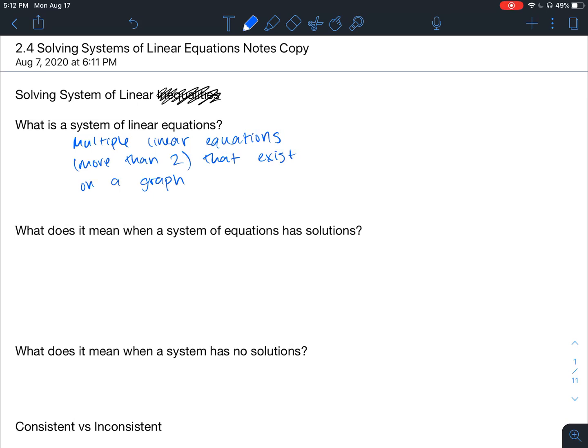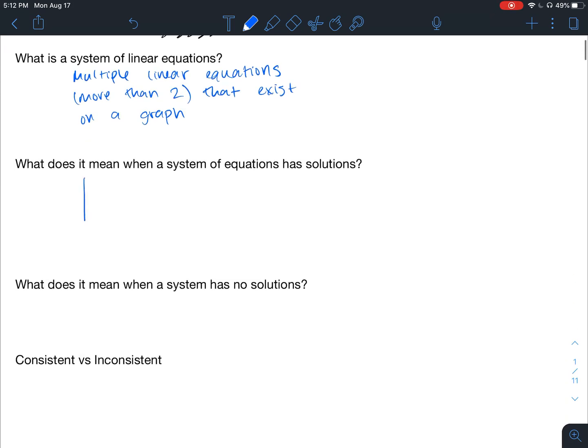So what does a solution look like? What does it mean when there is a solution to a system of equations? Well, if we can just for a second visualize what it looks like. If we have two lines, two equations like that exist on a graph, you can see that there's an intersection between the two lines. That point of intersection is our solution.